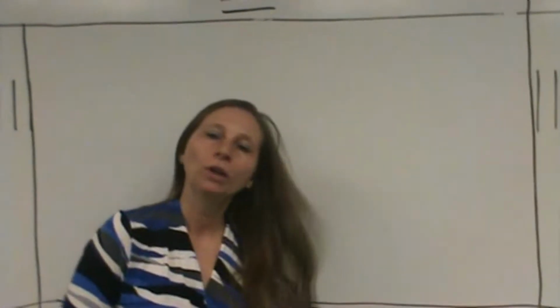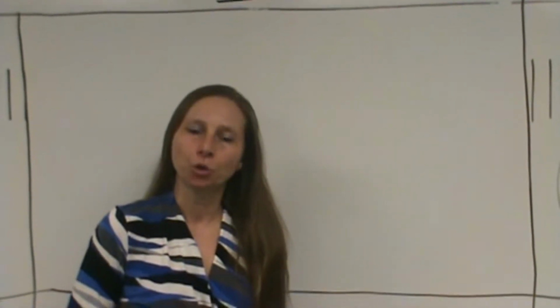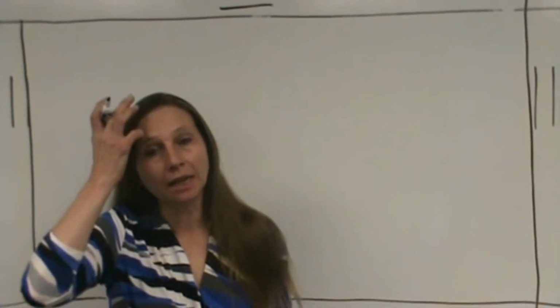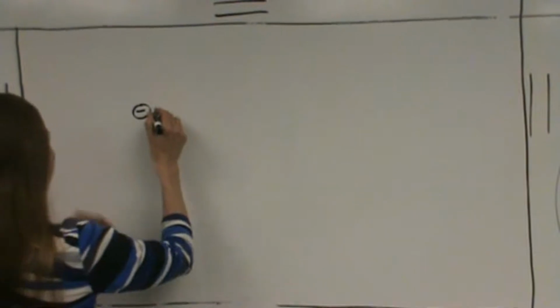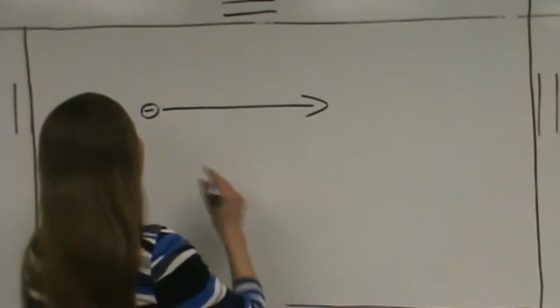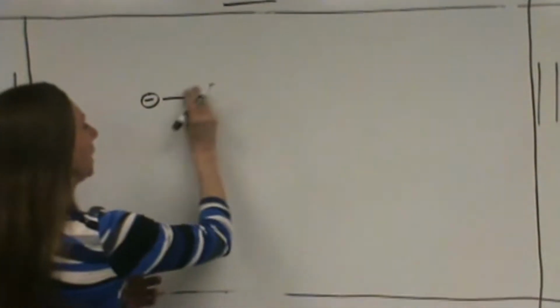Now, what causes magnetism? Magnetism is caused when a charge moves. Let's take an electron, for example. When an electron travels at a constant velocity, it creates a magnetic field around it. Actually, let me back up just a second.